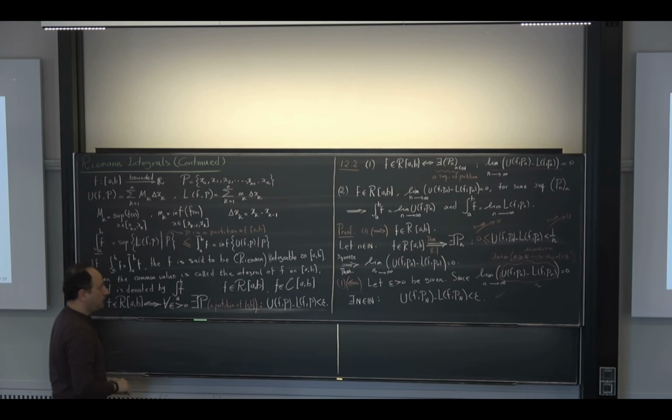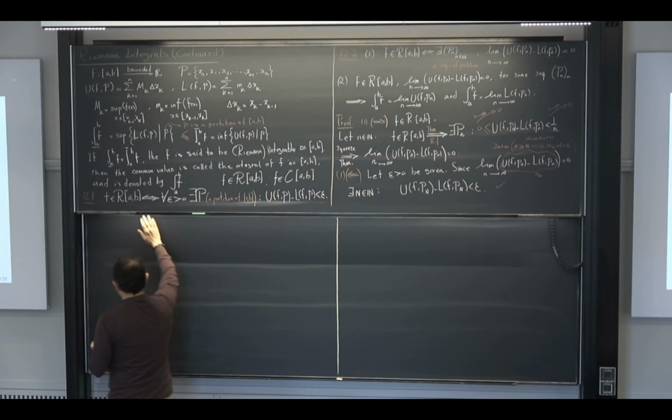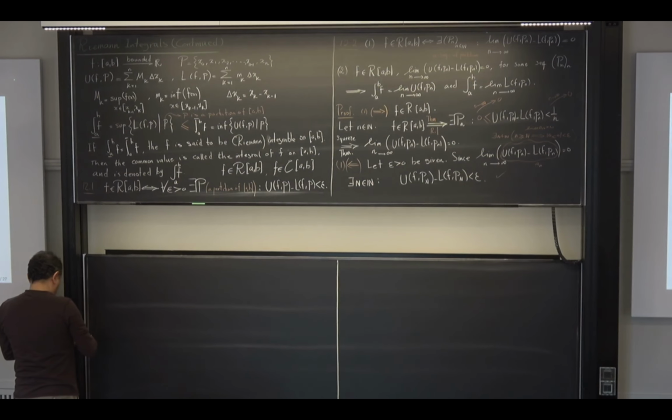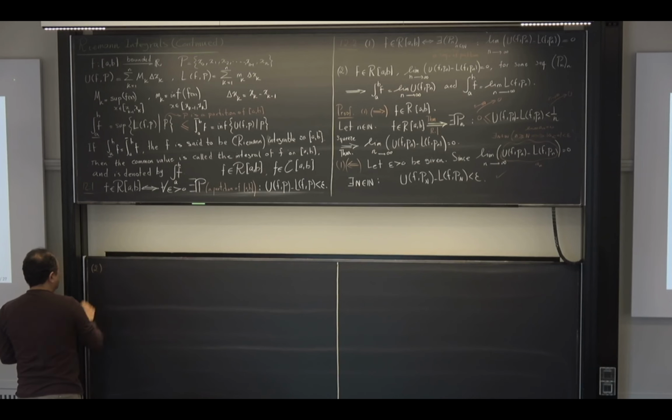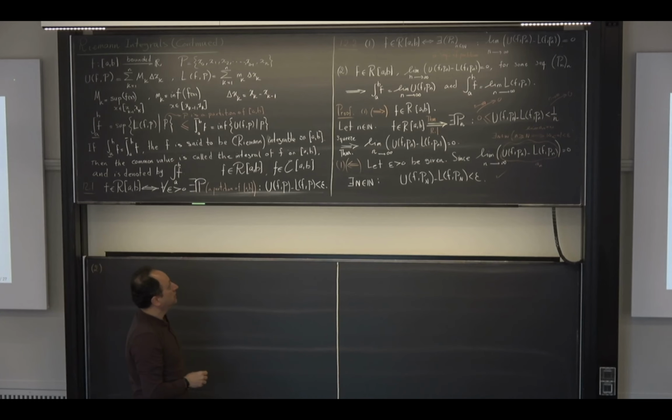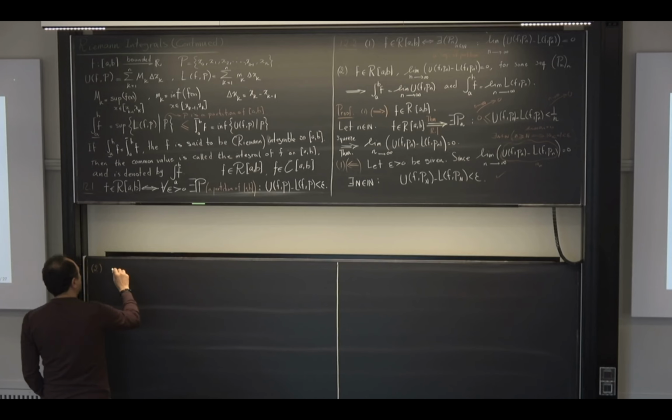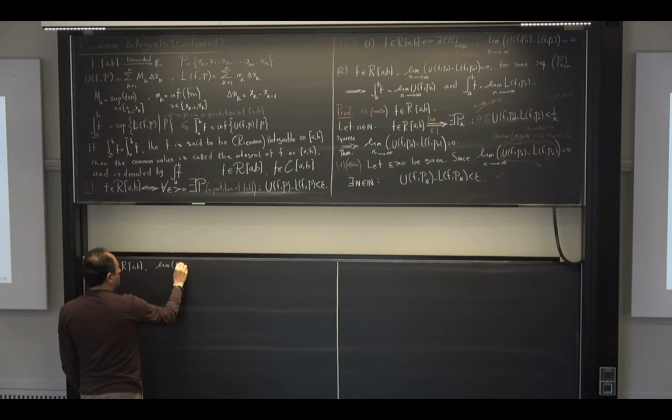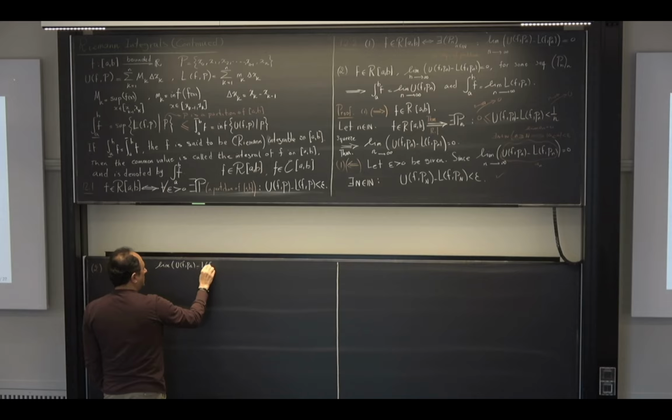But now, let us, for example, go to part 2. So part 2, I have two assumptions here. I know that f is Riemann integrable, and I know that the limit of U(f, Pn) minus L(f, Pn) is equal to 0.